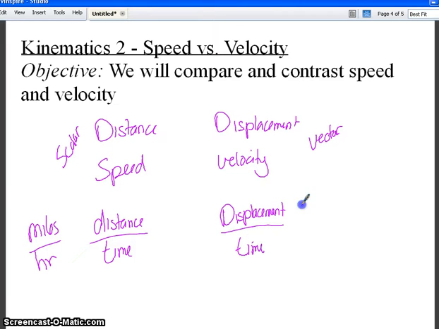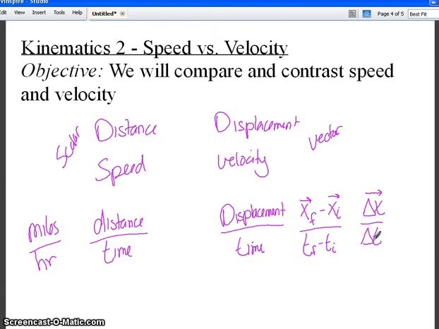Or we might write x final minus x initial over t final minus t initial, or even write this as delta x over delta t. Some people put little arrows above the x's. That means it is a vector, and it doesn't mean anything else besides telling you it's a vector. So velocity is the change in x over the change in t.